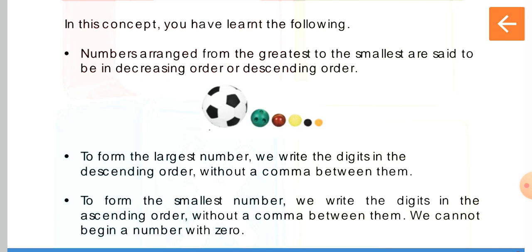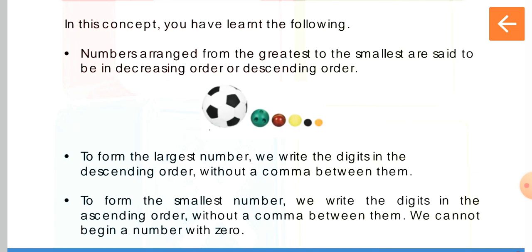Always remember, if the digits are given and you have to form the largest number, you arrange the digits in which order? Descending order. To form the largest number, you arrange the digits in descending order without putting a comma between them. You just write the digits in descending order.